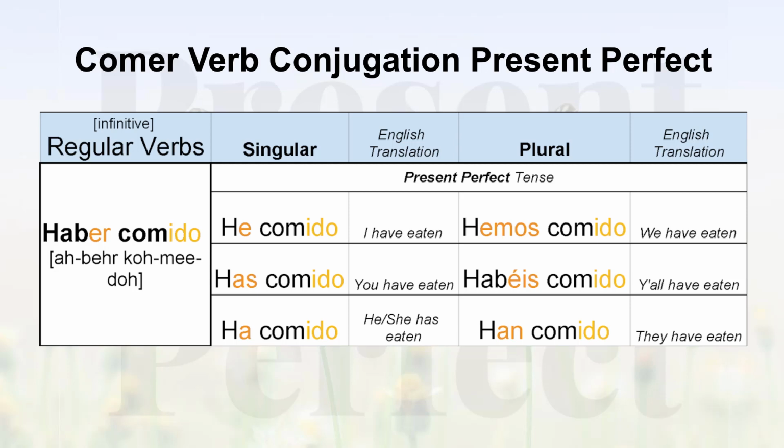In other words, he, she, you, or it. The same goes for han comido because it can take ellos, ellas, or ustedes. In other words, they, you all, these, or those.